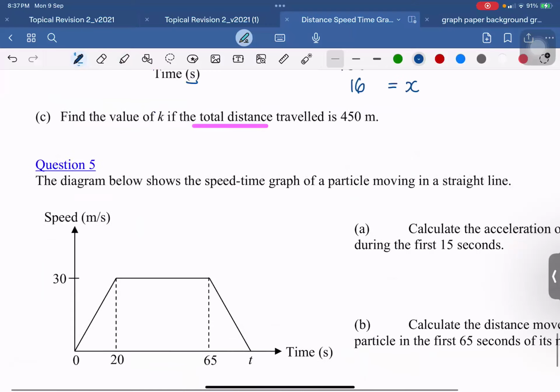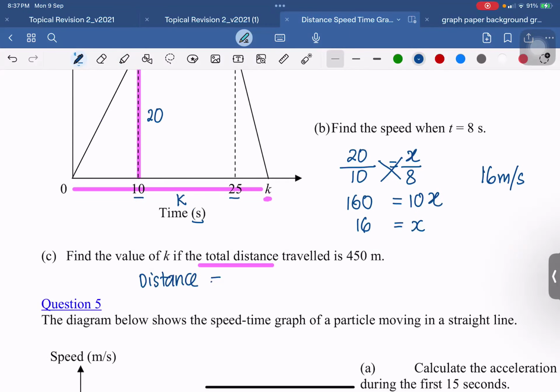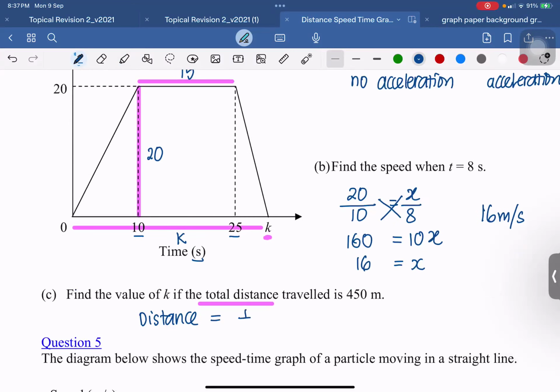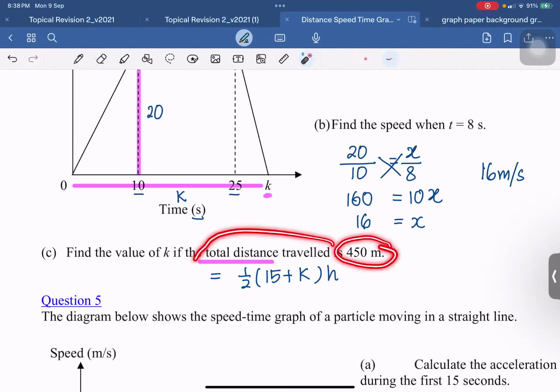So the distance equals the area, which is the trapezium. Formula for area of trapezium? Half times (a plus b) times h. A is 15 plus the b, which is the letter k, times the h. But now, do I know the distance, the number? 450 meters.